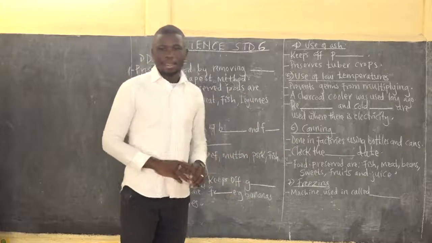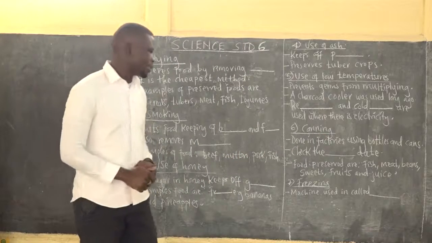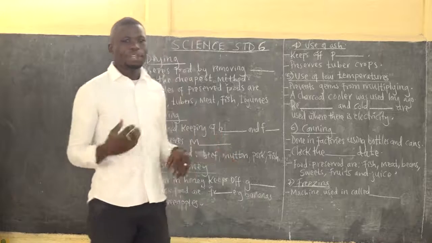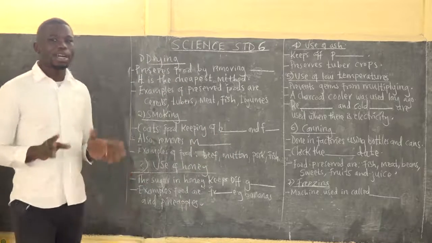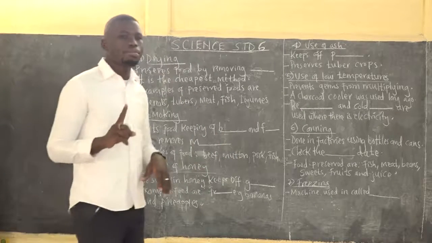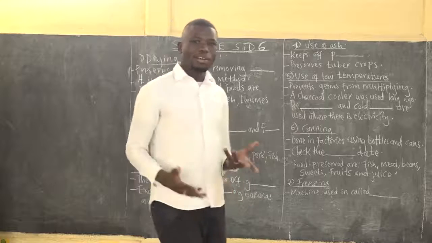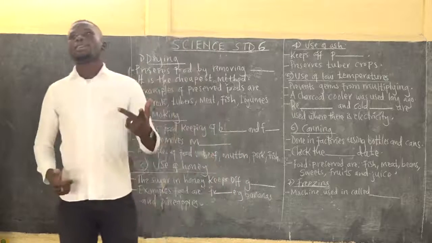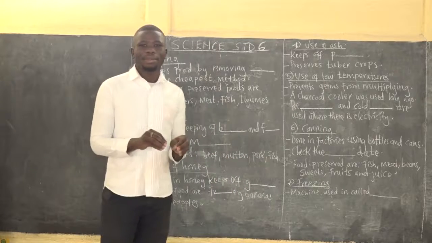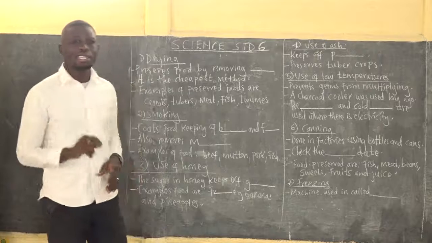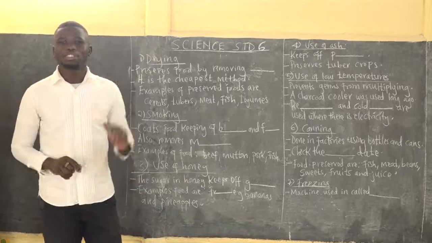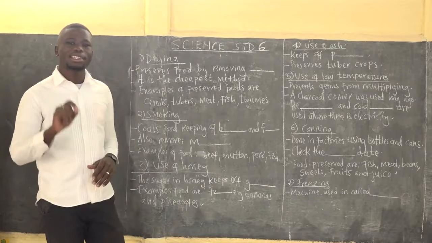Canning. Canning is done in factories. And in this case, food is preserved in bottles or cans. Like yogurt, juice, soda, they are canned. And when you are buying this food from the supermarket or from the shop, ensure that you check the expiry date.